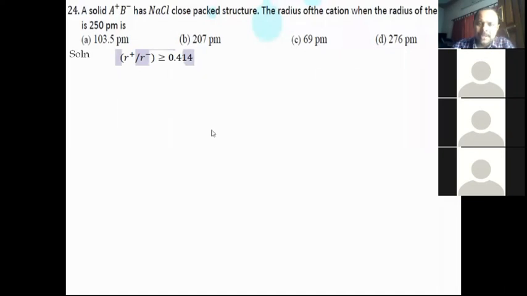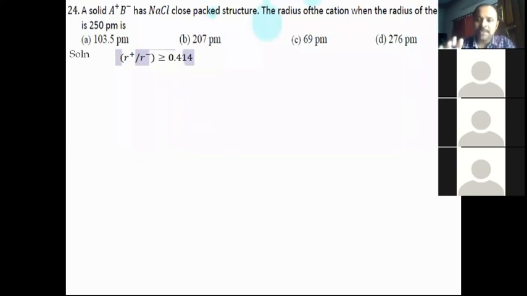Now in the radius ratio table, if the structure is NaCl, each particle will have 6 nearest particles, and the void space is octahedral. For that, the radius ratio range is from 0.414 to 0.732. It should not be equal to 0.732.